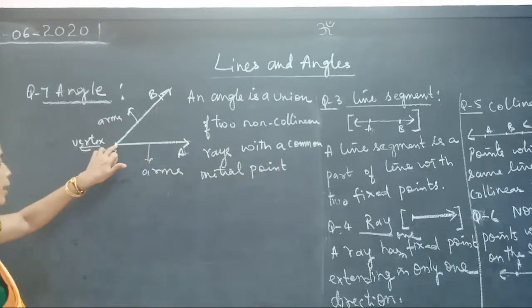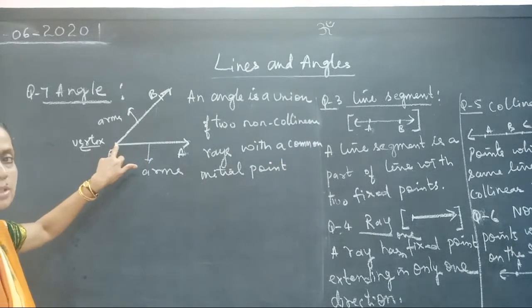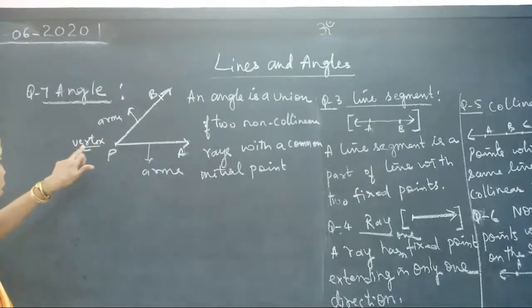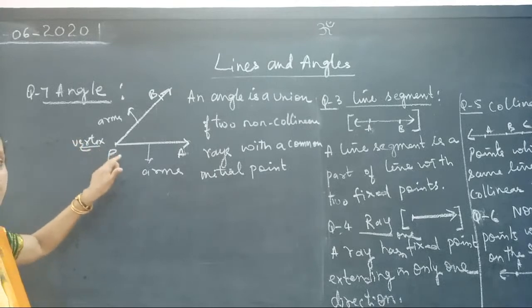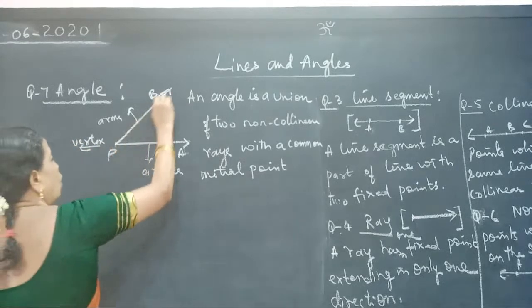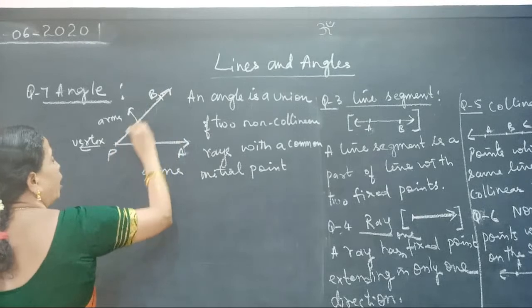This is the common initial point. We call it the vertex, V-E-R-T-E-X, vertex of an angle, and these two are the non-common arms.